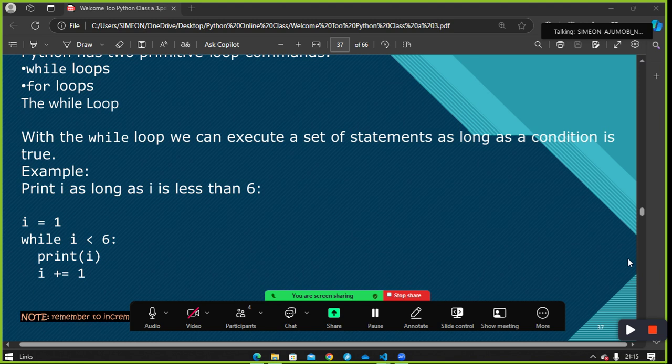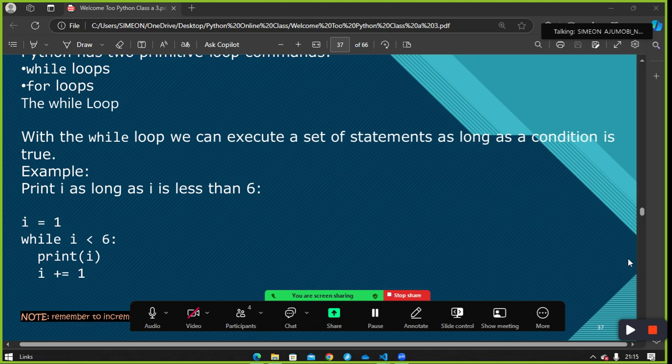Do you know what I want to do in my continue condition? I only want odd numbers to be printed. I don't want even numbers to be printed between 0 and 10. So what is the if statement for an even number? If number modulo 2 equals 0.